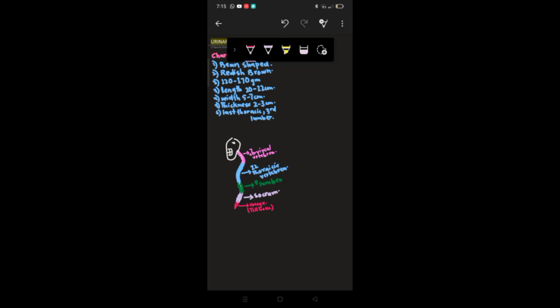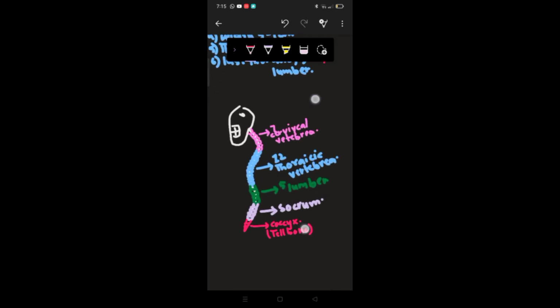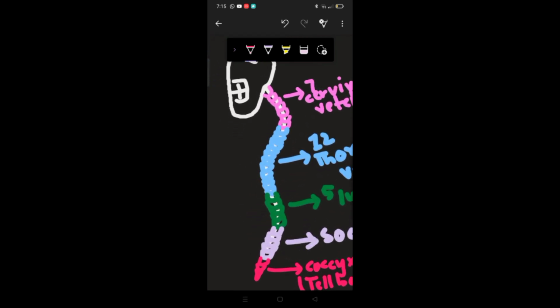Our kidneys, as I have written here, are starting from last thoracic, which means we have 12 thoracic vertebrae. It is starting from the 12th thoracic vertebra and it is extending to the third lumbar. So kidneys must be here somewhere.